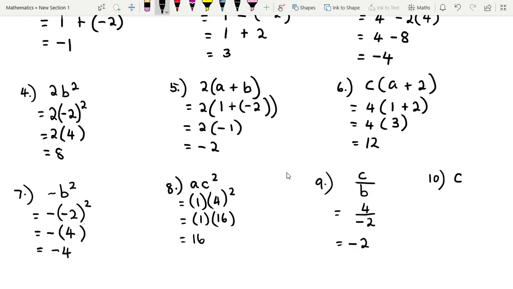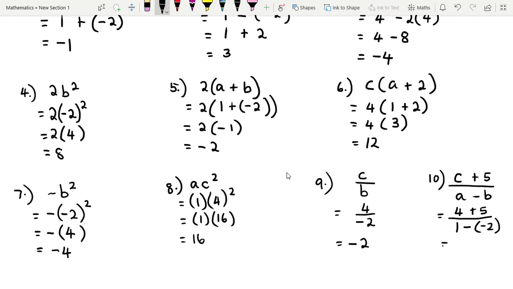We've got c plus 5 over a minus b. The value of c again is 4 plus your 5 over the value of a is 1 minus the value of b is negative 2.